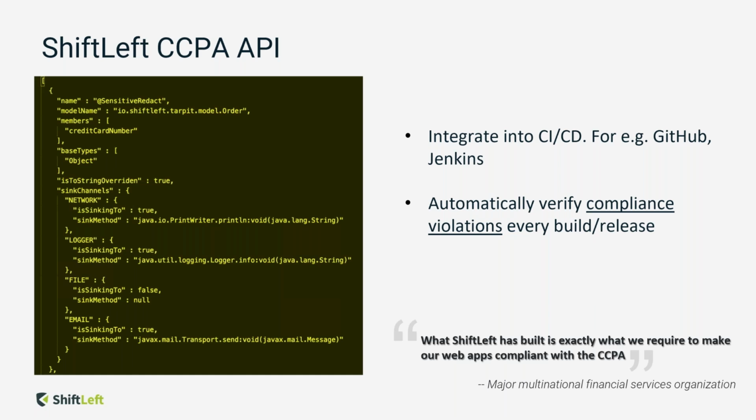But one thing that we also enable is that all of what you saw as reporting is also accessible over APIs. So it's very easy for you to integrate this into any tooling that you have today. It could be integrating into GitHub-like repositories, Jenkins-like build systems. It is very easy for you to put this in place.